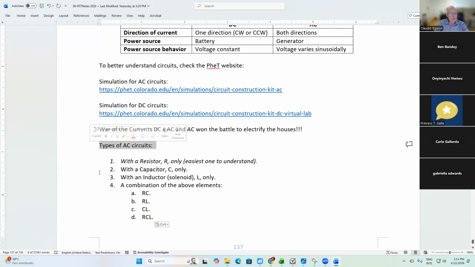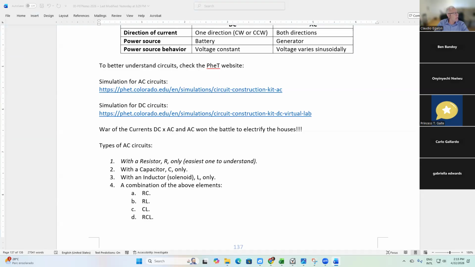We have AC circuits with an inductor only. And then we have a combination of the above elements. Resistor and capacitor, resistor and inductor, capacitor and inductor, and then we have the combination RCL. You can combine all those three elements in a single circuit, and the circuit behaves in a different way. Okay?